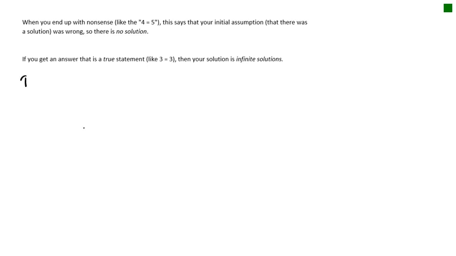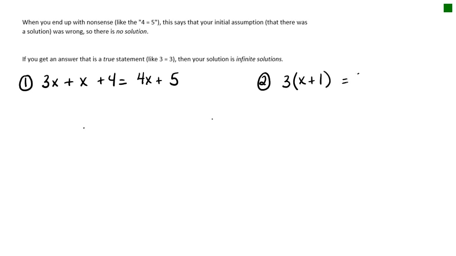Example number 1, 3x plus x plus 4 equals 4x plus 5. And then example 2, 3 times x plus 1 equals 3x plus 3.